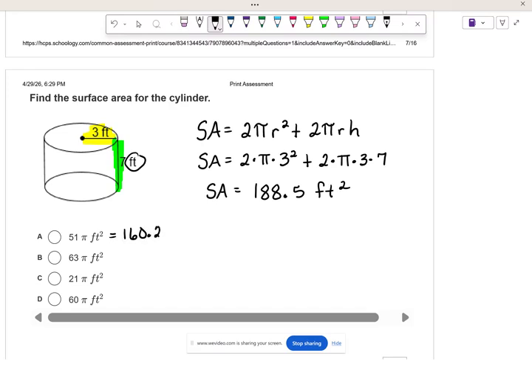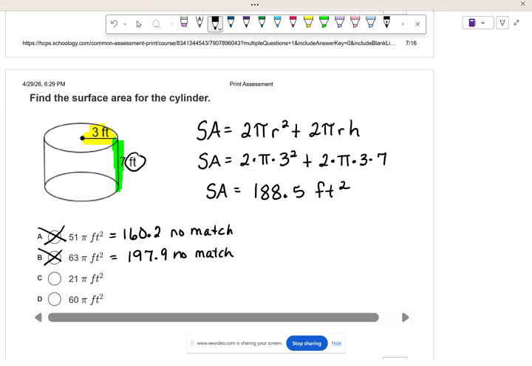Does that match our answer? No. No match. So then you type in B, 63 pi. 63 pi is equal to 197.9. Does that match our answer? No, it doesn't. No match.